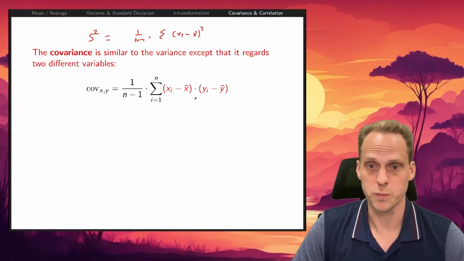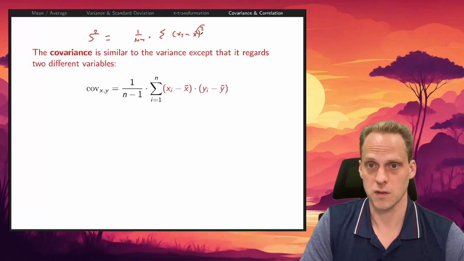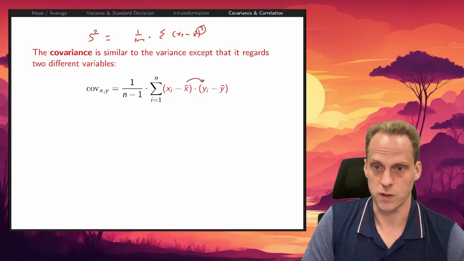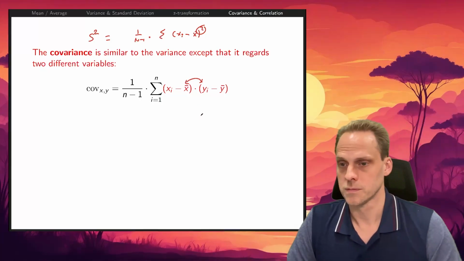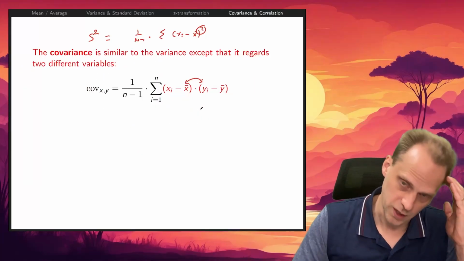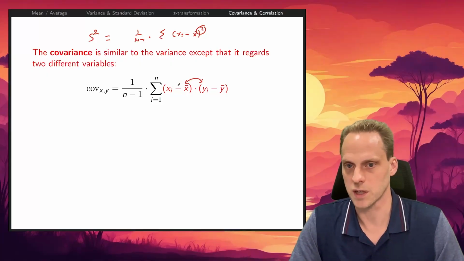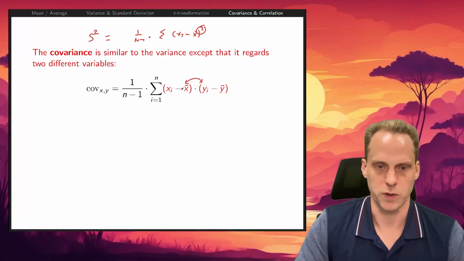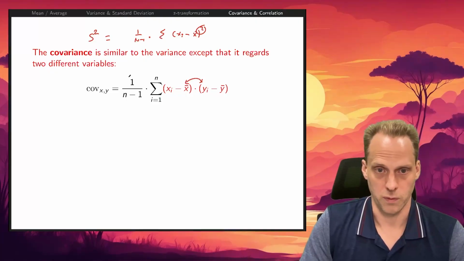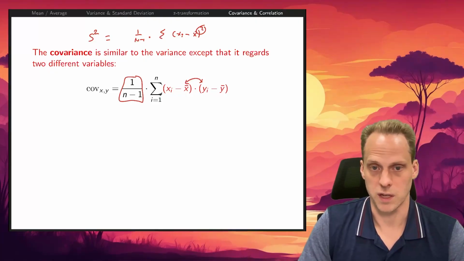For the covariance, we do pretty much the same, except instead of multiplying a deviation with itself, we multiply it with something from another variable. The covariance of a variable with itself is actually the same as the variance, because then it would be the same thing. So what are we doing here? We have 1 over n minus 1, like in the standard deviation and variance.